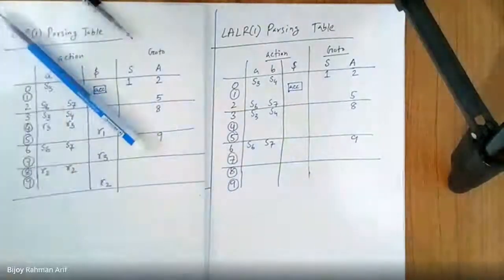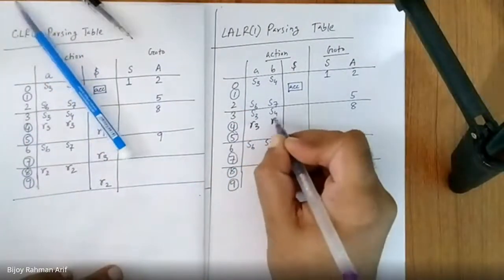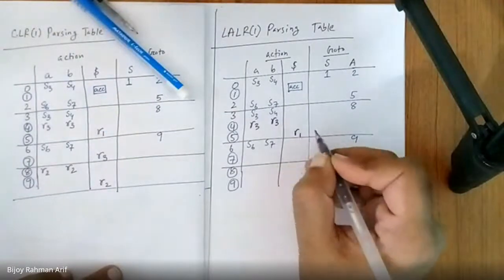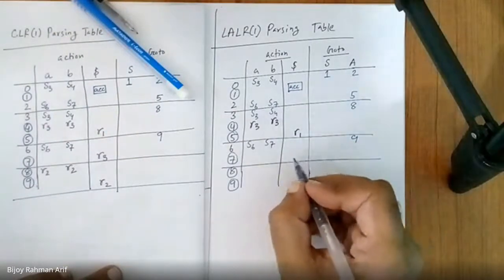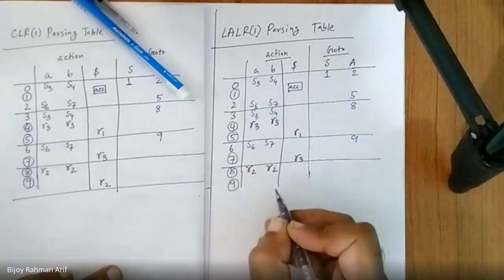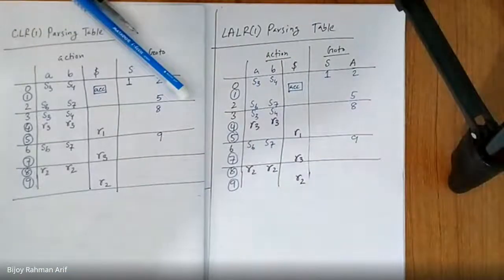Okay, so here I have R3, R3. Here I have R1, I have R3. I have R2, R2, R2. So this is the table. This is the CLR1 table.